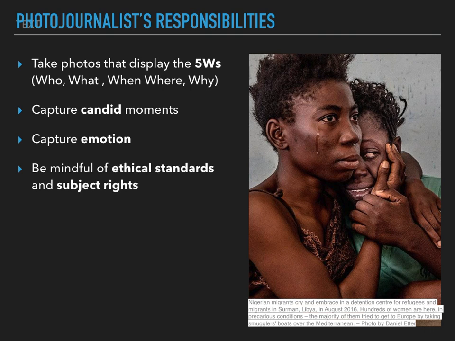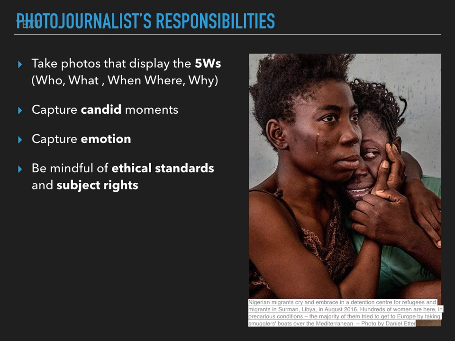We will go into these deeper in another lecture, but we're supposed to be mindful, as photojournalists, of ethical standards and subjects' rights. So you should always think about, am I telling the truth within my photos?